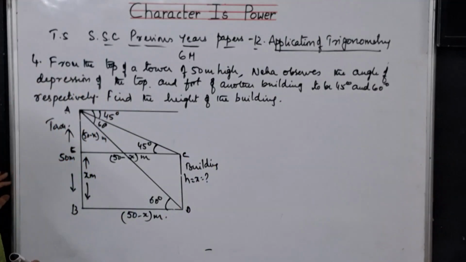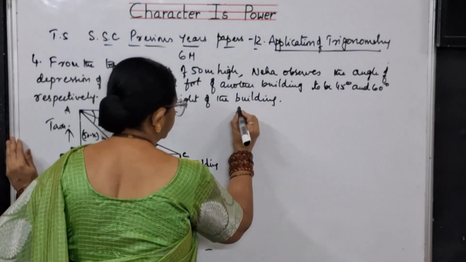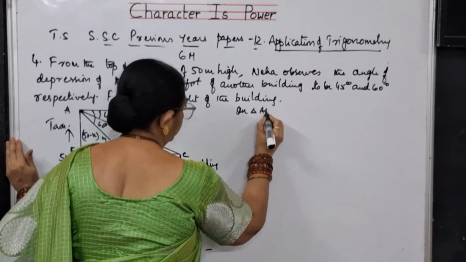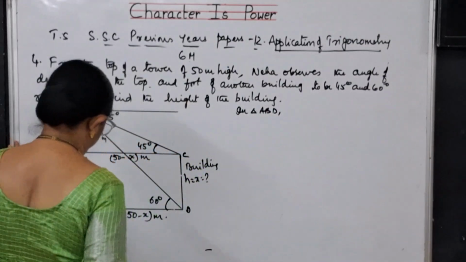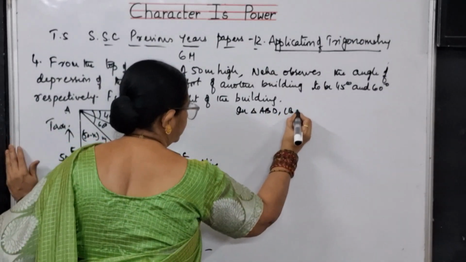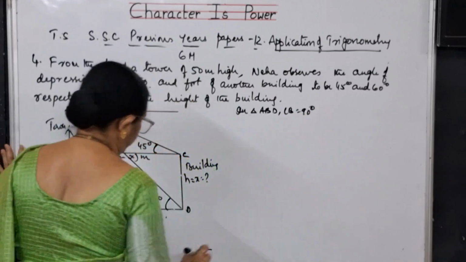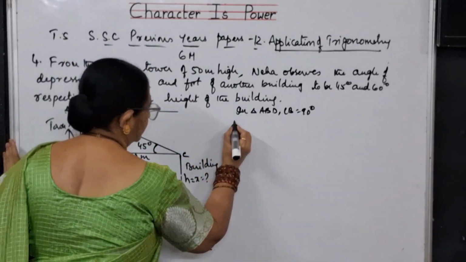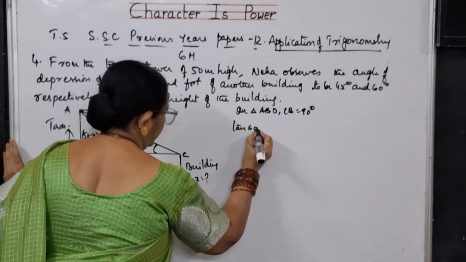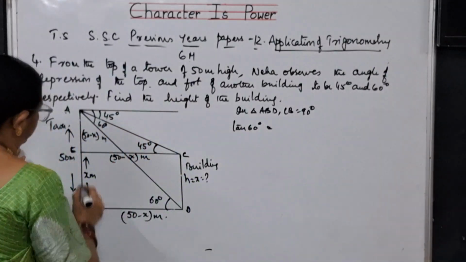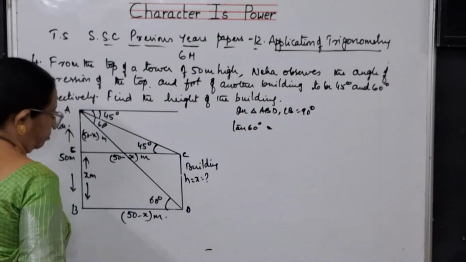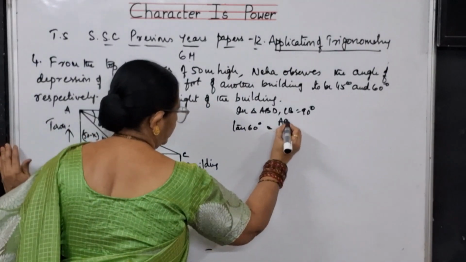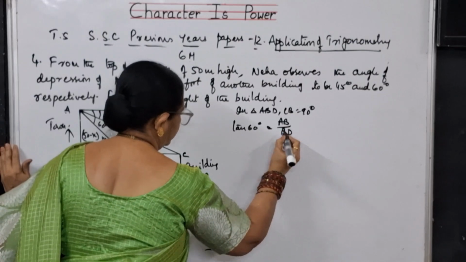Now let us take triangle ABD. In triangle ABD, angle B is 90 degrees. So here 60 degrees. So tan 60 degrees is nothing but AB by BD.